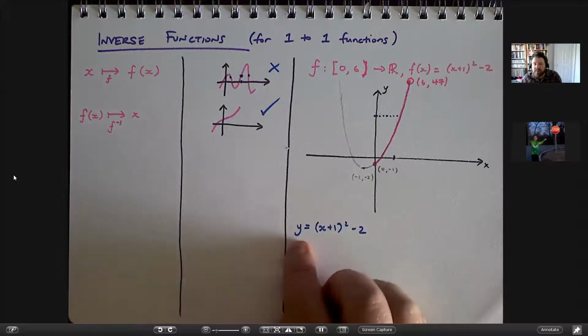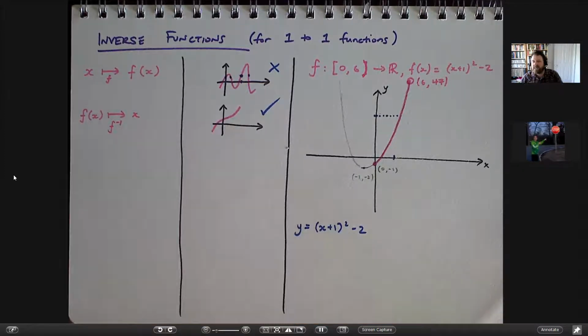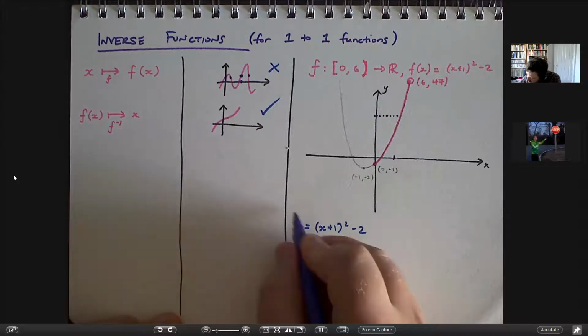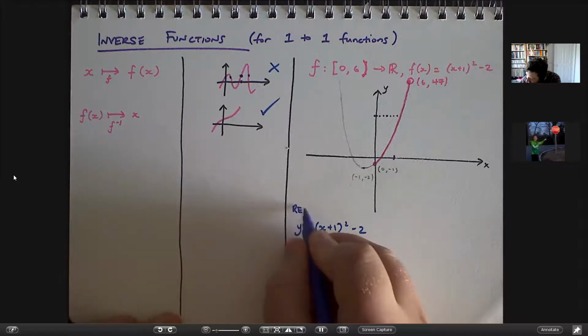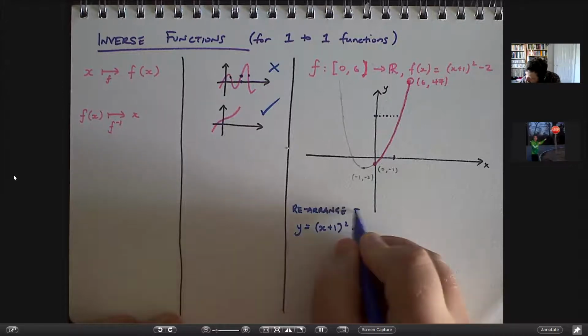You'd plug in y equals 5, and then you'd rearrange this for x. So that's exactly what we're going to do, except we're just going to make x the subject of this. So we're just going to rearrange for x.